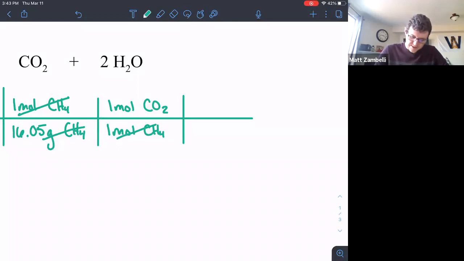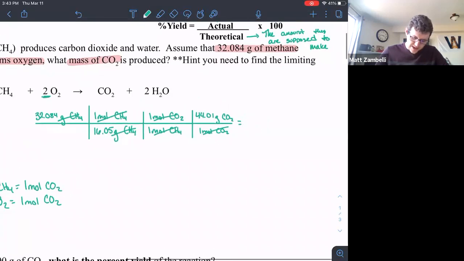On the top, awesome. So 44.01 grams of CO2 on top because the 1 mole of CO2 goes on bottom, so they cancel out. Now all that's left to do is multiply everything on top.